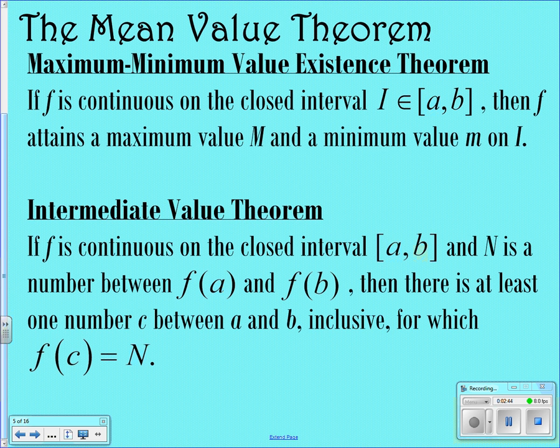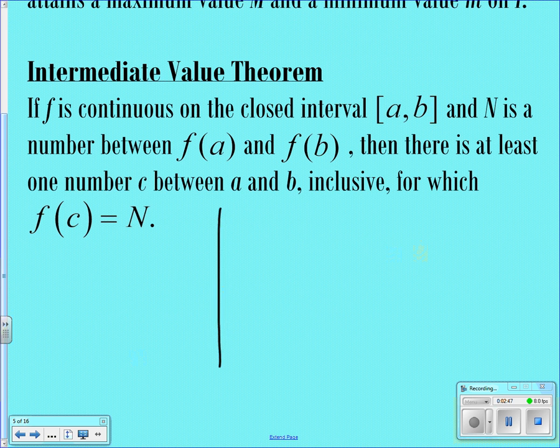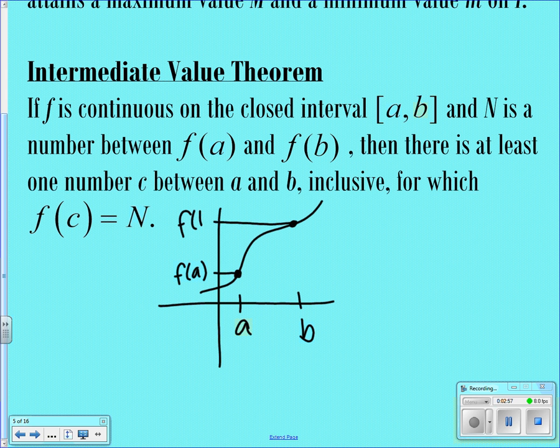So I'm going to draw a picture for this one quickly. We have a, and we have b, and we've got our function. So this point is f of a, and this point is f of b. And n is somewhere here. That means that there is a c value right here that will produce that n value.